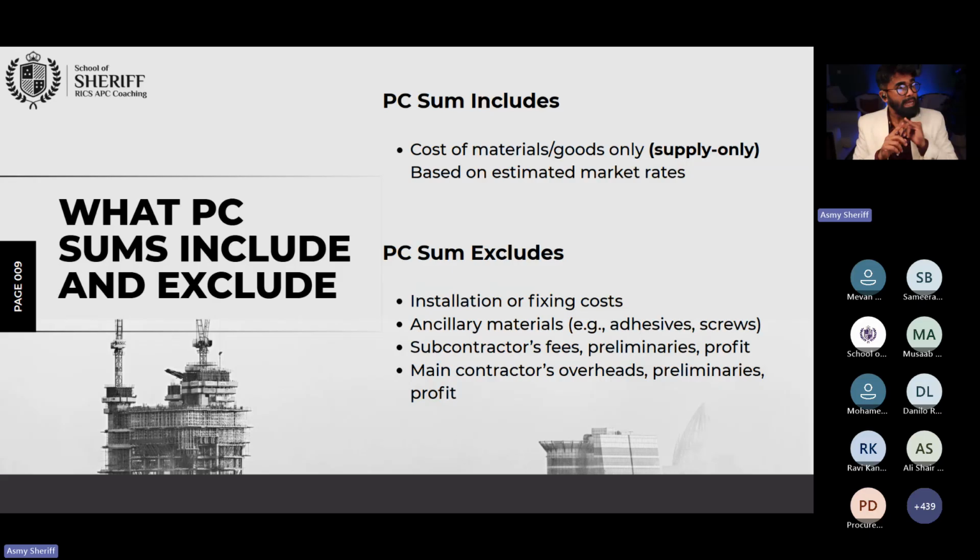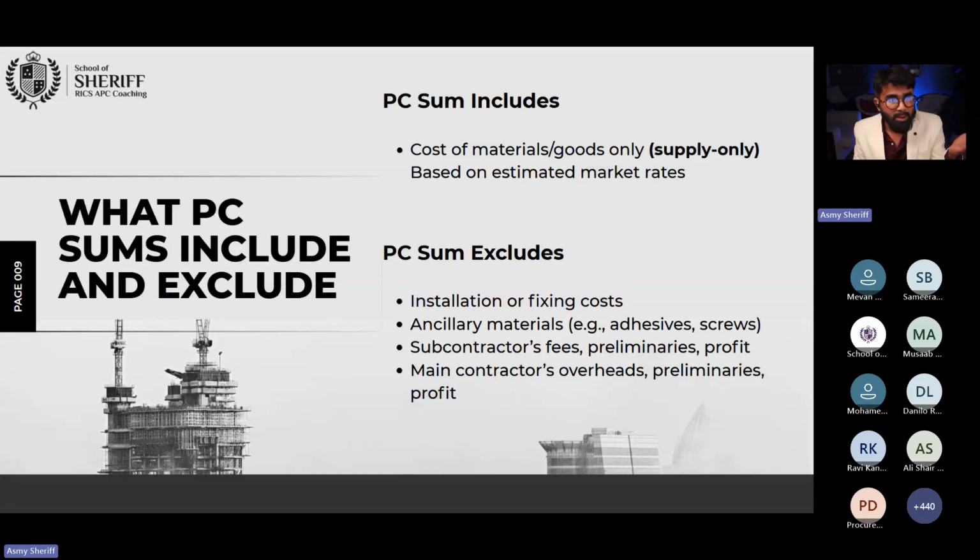So normally, what will the prime cost include? Supply only of the material, and that will exclude installation or fixing costs and any other ancillary material like additives, the adhesive, or maybe cement, or some kind of bonding material to stick the material, maybe screws, additional small tools, or some other items. Subcontractors' fees, any preliminaries required.